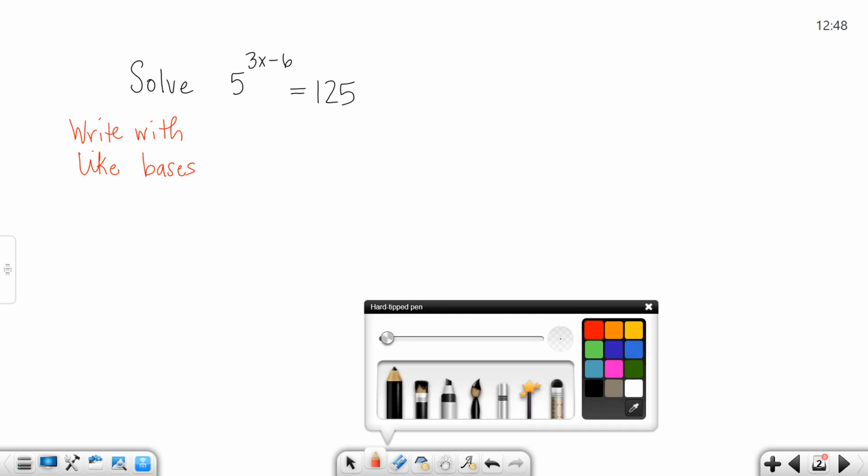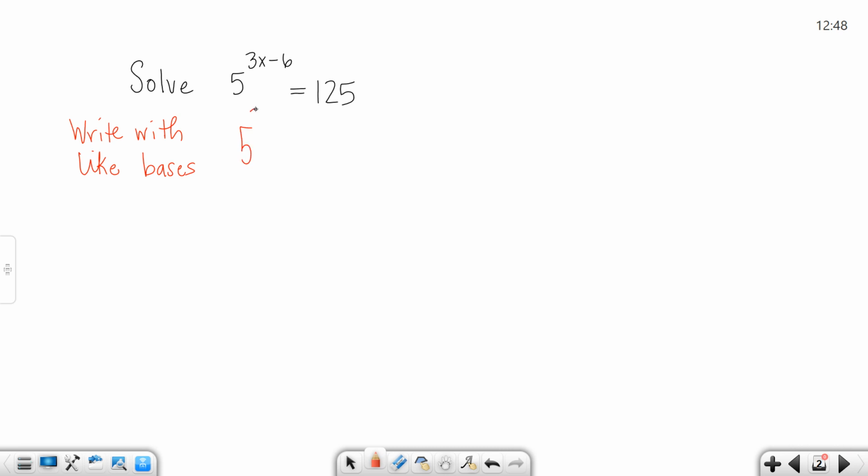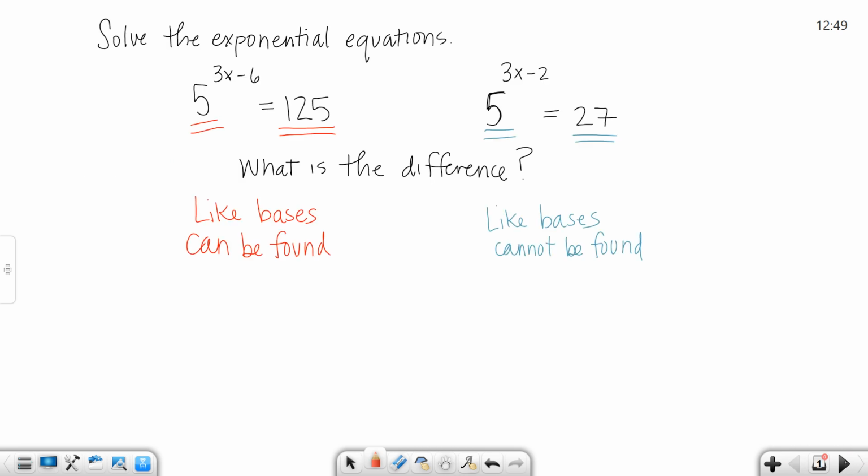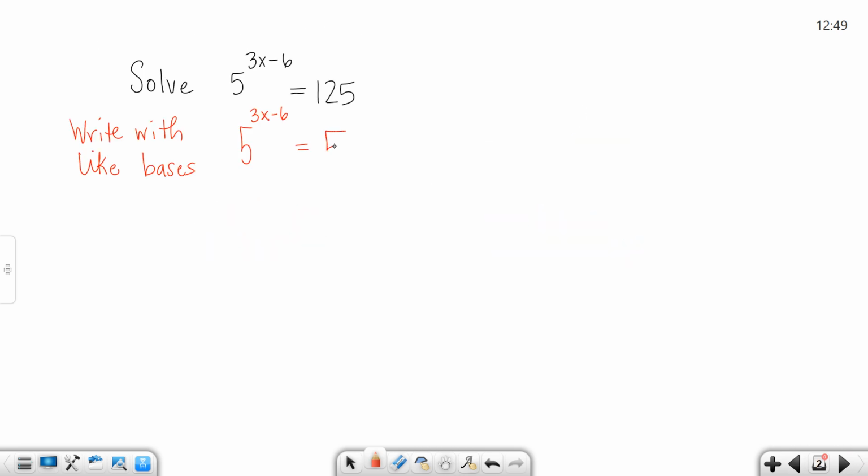So what you'll see about this one is you have a 5 to the 3x minus 6. And 125 is also 5 to the third power. Okay, 5 cubed is 125. So I can write 125 in terms of base 5.